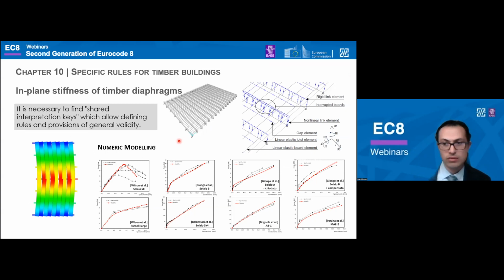And thanks to detailed modeling strategies where each resistance mechanism and deformation contributor was simulated by specific elements, it was possible to reproduce the experimental response of different testing scenarios without the need for specific calibration aside from geometry and material properties selection.